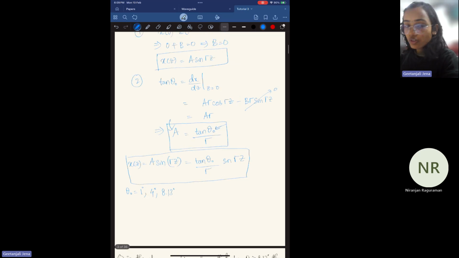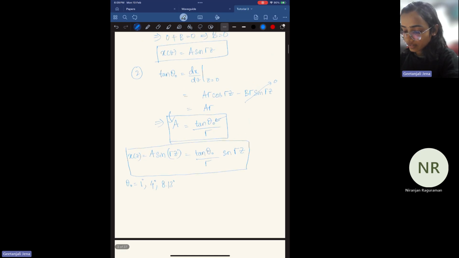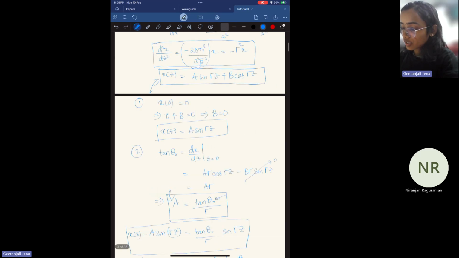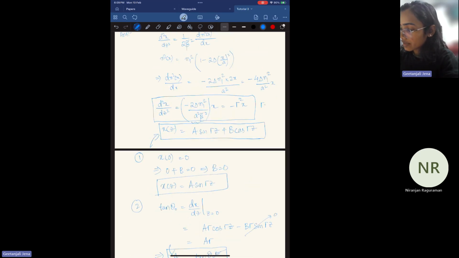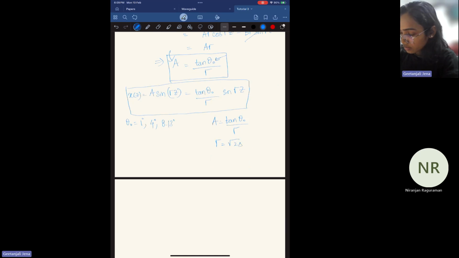Before calculating the amplitude as well as the periodic length, that is LP, the amplitude is given by tan theta 0 by gamma, and gamma is from the equation gamma is n1 over beta tilde, root over of 2 delta, by a.